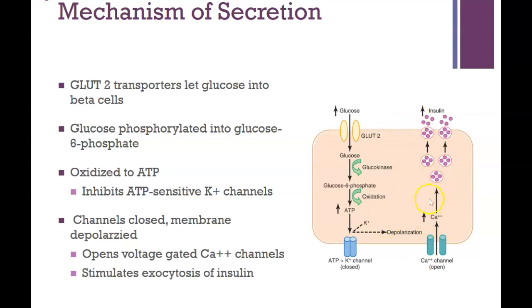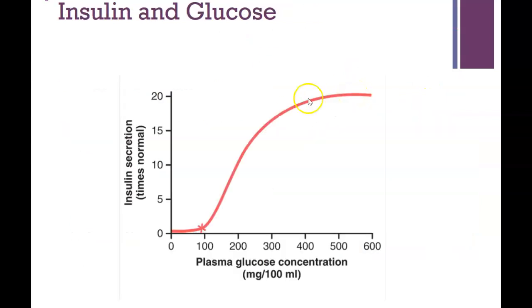Whenever calcium enters a cell, it's going to drive docking and fusion of the vesicles inside of it to the membrane so that those vesicles can fuse with the membrane and empty their contents out of the cell. So glucose comes into beta cells through the GLUT2 transporter, opens up some channels, and then we get the exocytosis of insulin. So we need the GLUT2 in order to get insulin release.